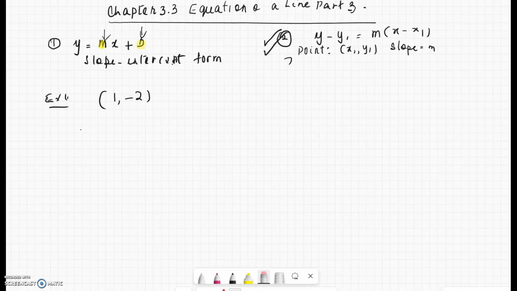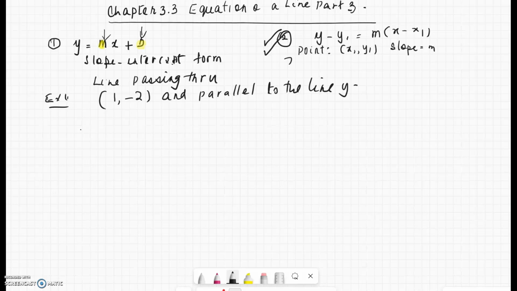Now, we have to find the equation of a line passing through this point 1, negative 2 and parallel to the line y equals negative 3x plus 4.